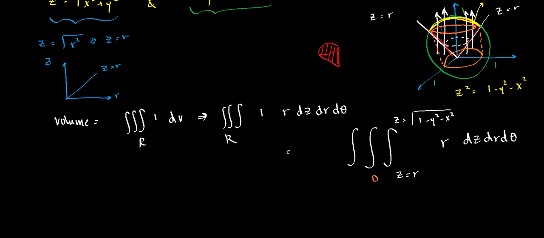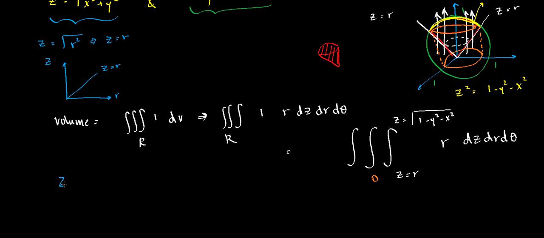And we can find the radius of this circle by doing the simultaneous equations. Z is equal to r and z is equal to the square root of 1 minus y squared minus x squared, because this circle is the intersection of these two surfaces. So if we want to find the value of the radius of this circle, we're going to have to do the two equations simultaneously.